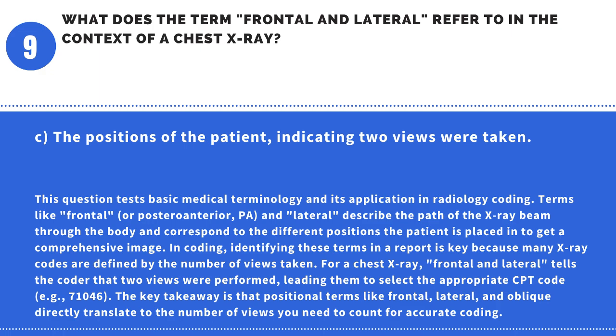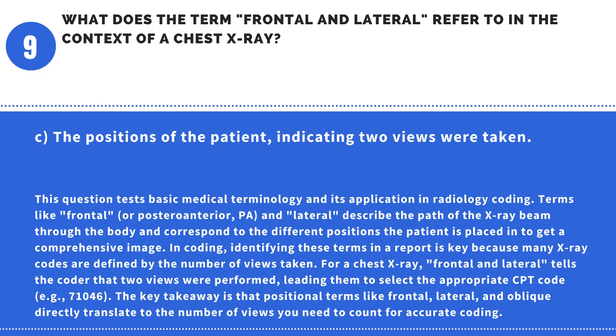This question tests basic medical terminology and its application in radiology coding. Terms like frontal, or postanterior, PA, and lateral describe the path of the X-ray beam through the body and correspond to the different positions the patient is placed in to get a comprehensive image. In coding, identifying these terms in a report is key because many X-ray codes are defined by the number of views taken.